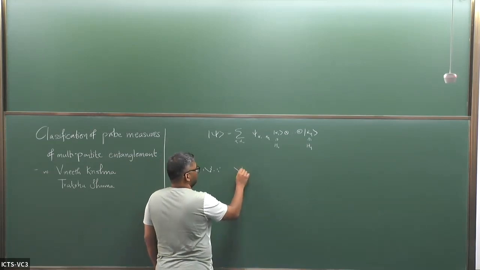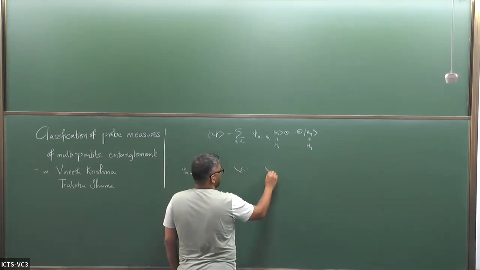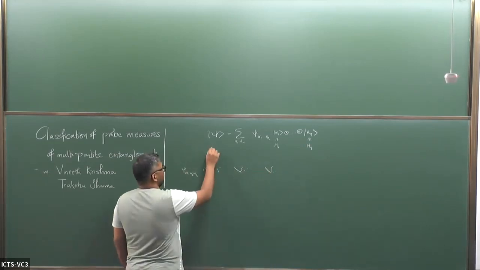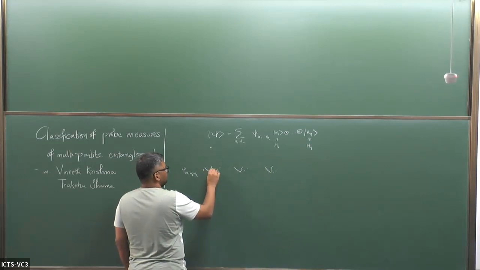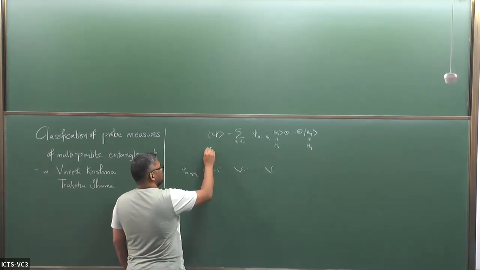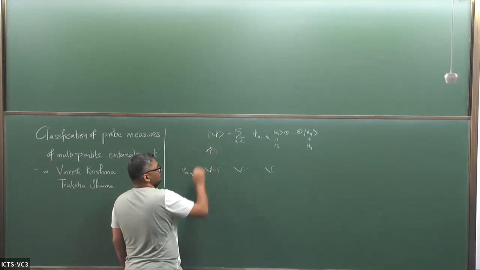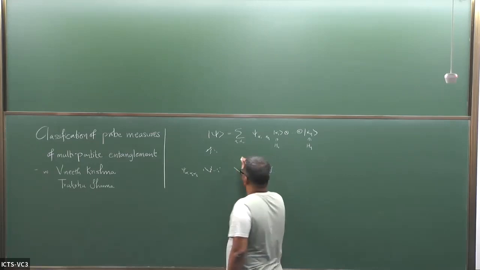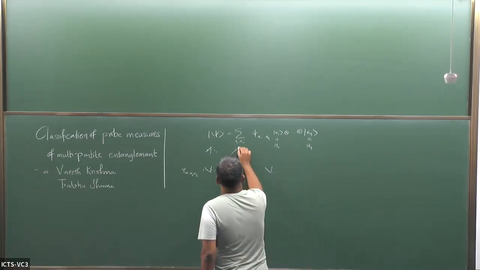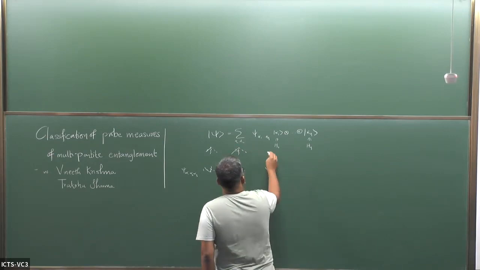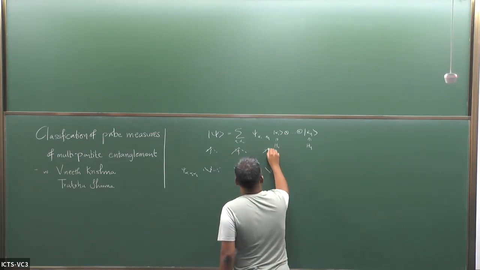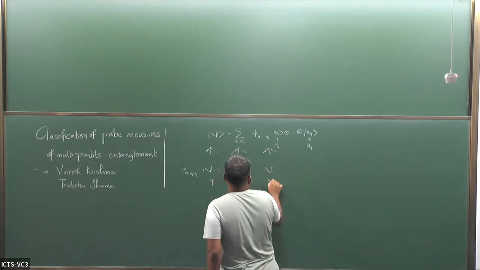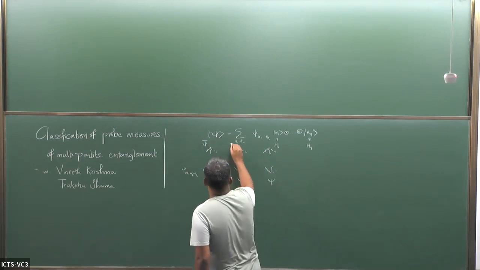And I can take multiple such psis and similarly psi bars, which I can distinguish from psi by arrows. Let me just do this. So I just have 3 copies of psi and 3 copies of psi bars.